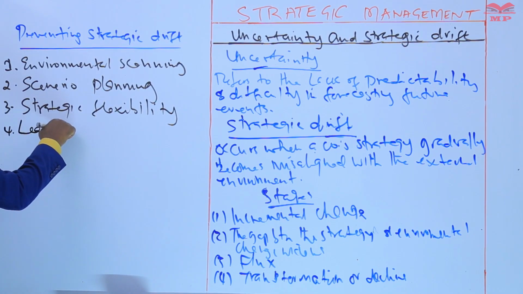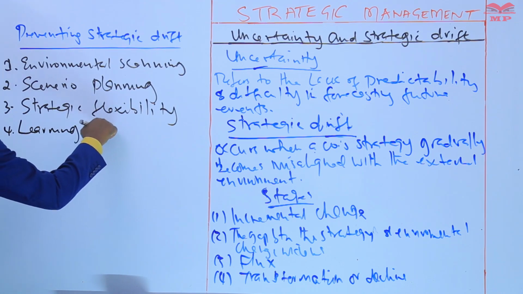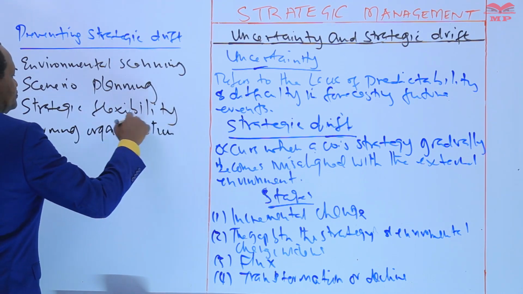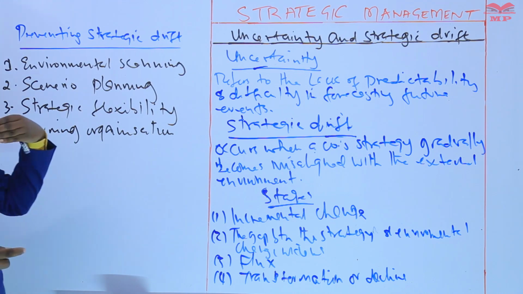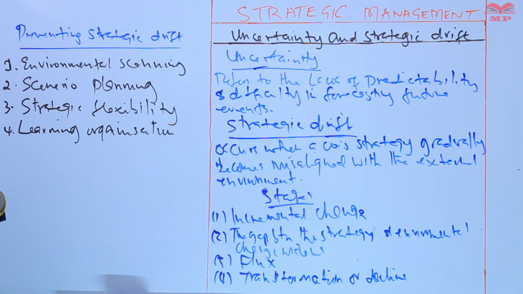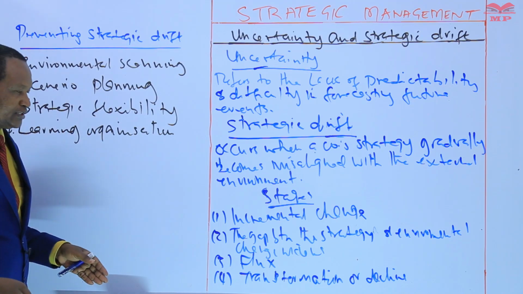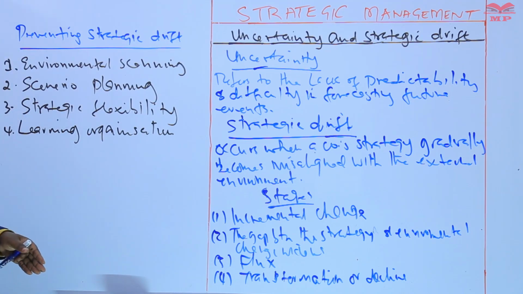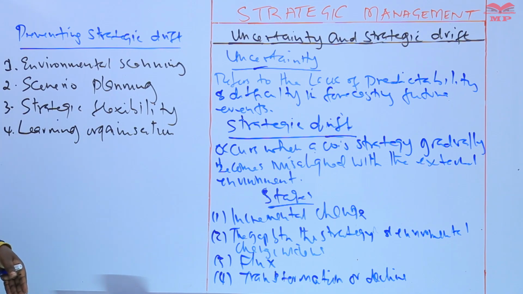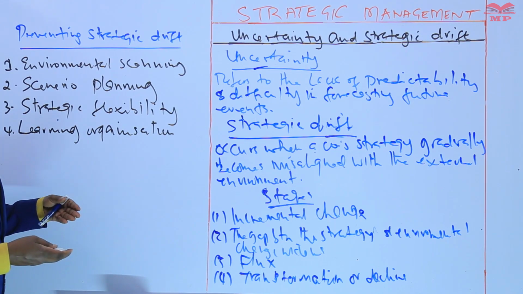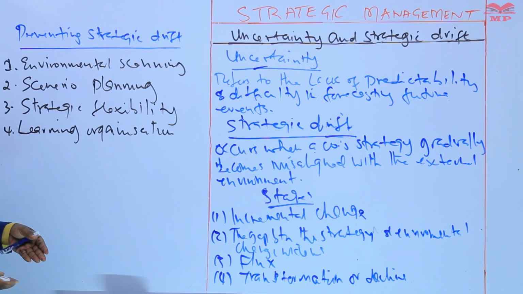Four, learning organization. Foster a culture of continuous learning and adaptation, encouraging employees to challenge assumptions and embrace new ideas. Because employees can also be problematic. Employees can be too rigid to embrace changes.